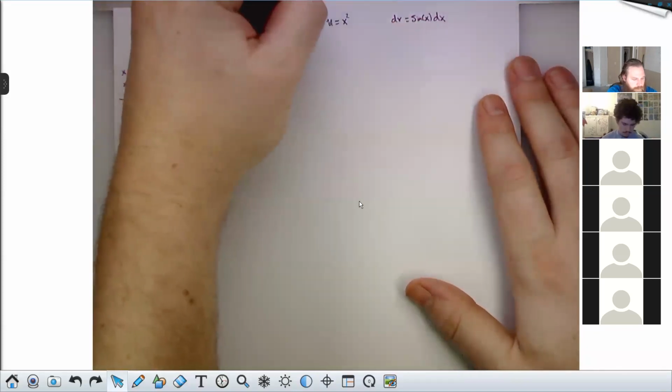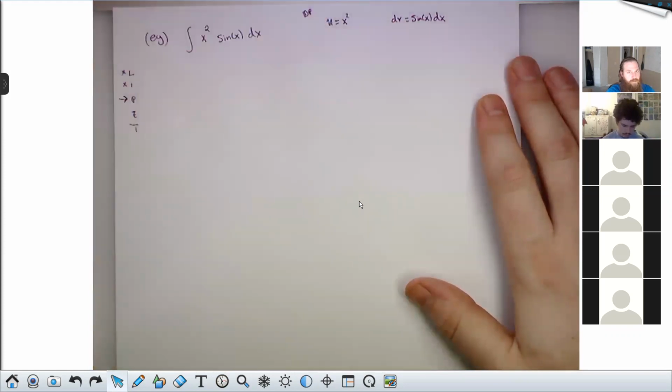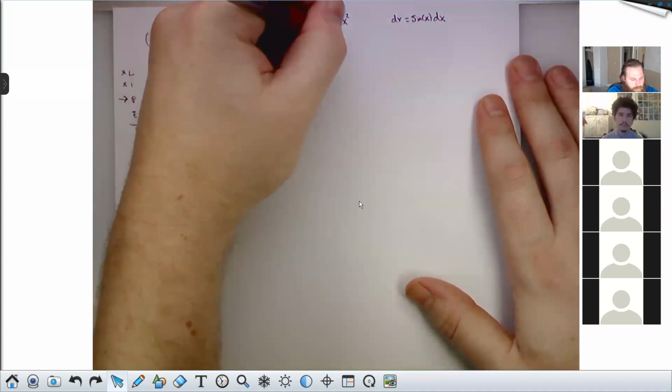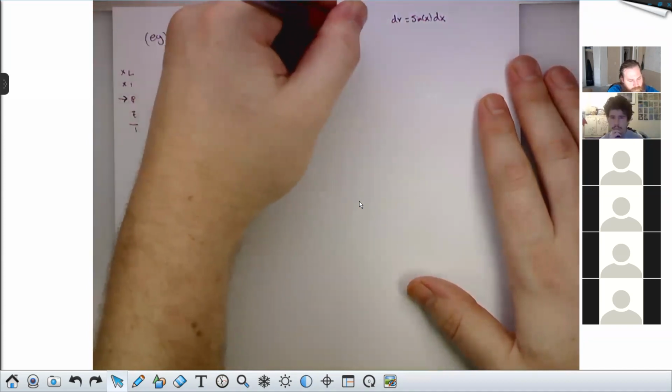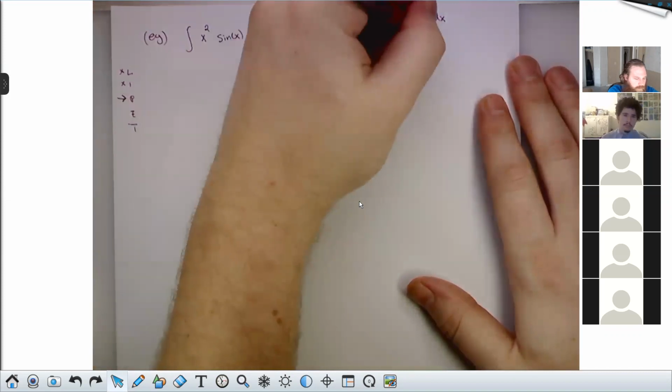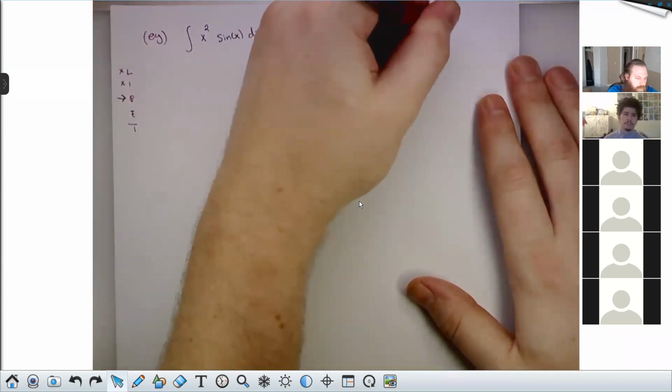I like to label my table here as an IBP table so people can tell what's going on. I calculate du, which is 2x dx, and I calculate v, antiderivative of sine is negative cos x.